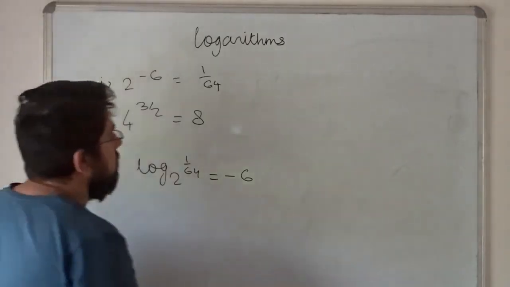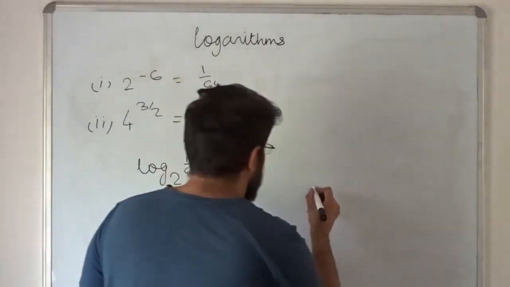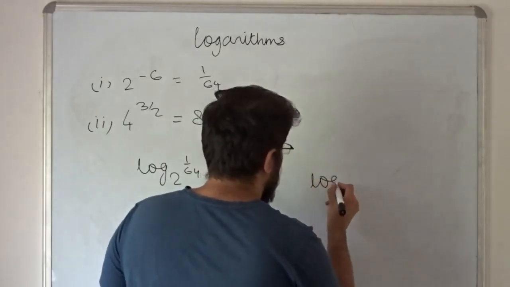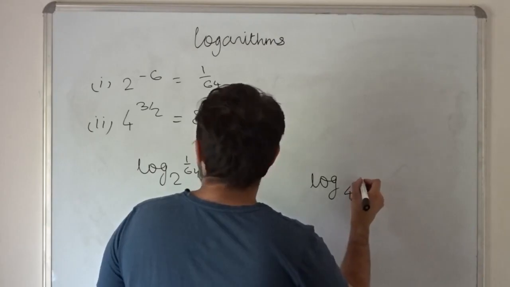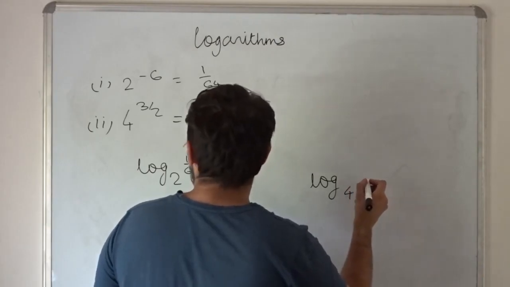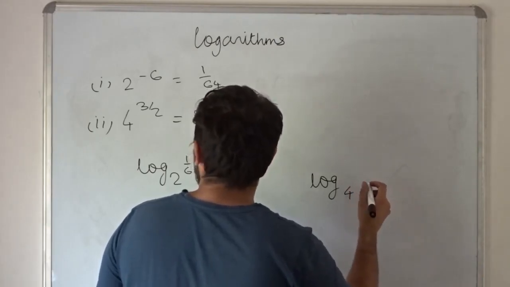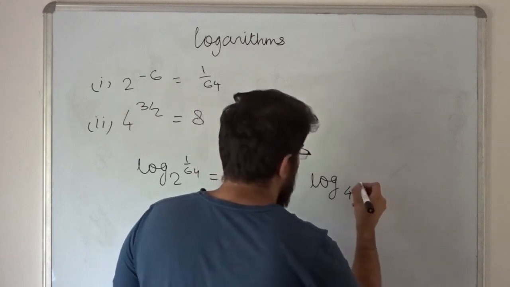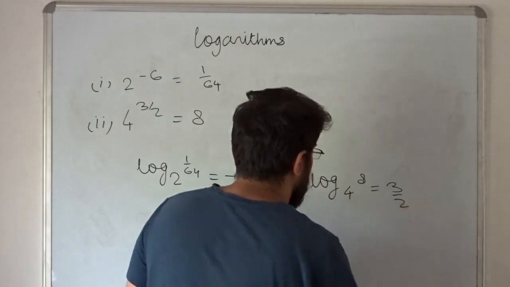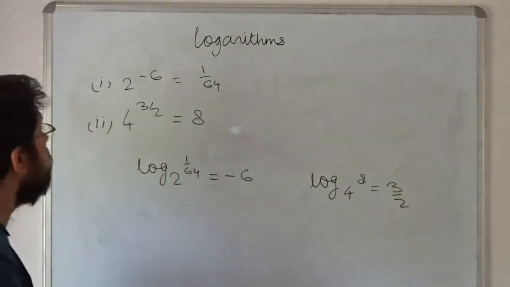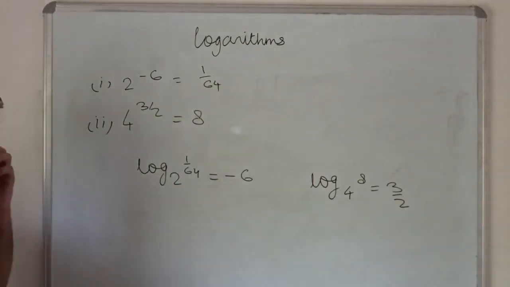And then the second one is this. Log base 4 of 8 equals 3 by 2. Okay, so that's what you have to remember in both these cases. That's what it becomes.